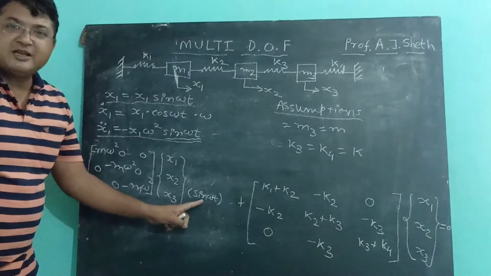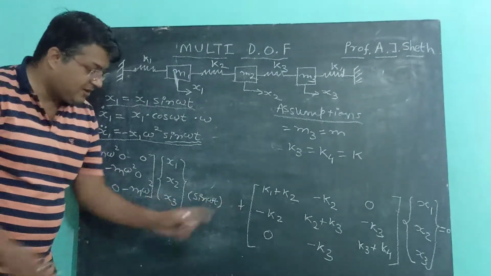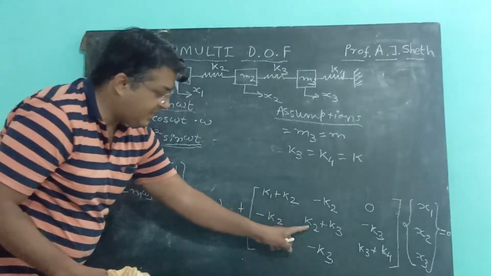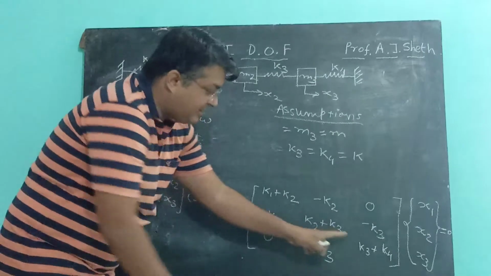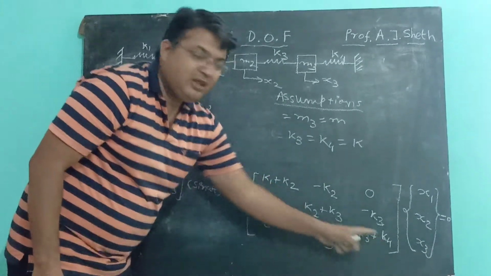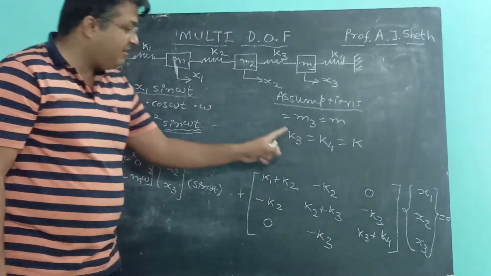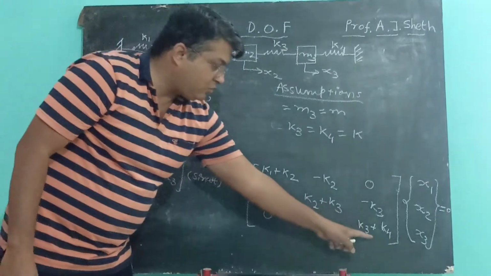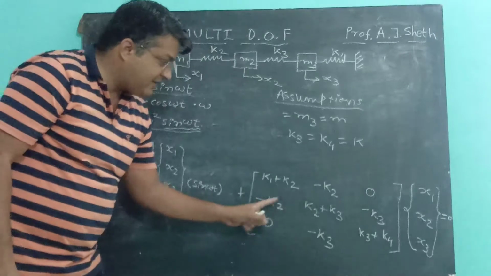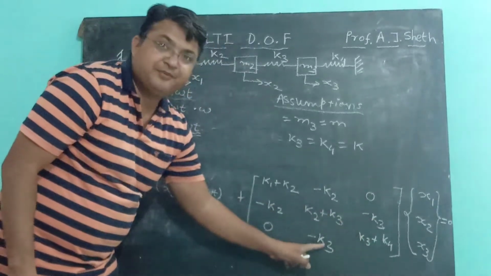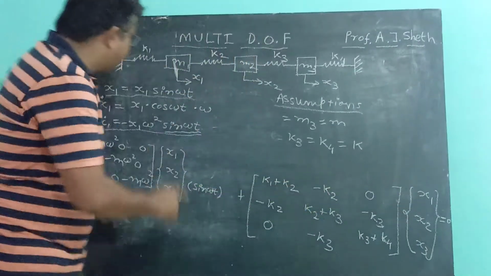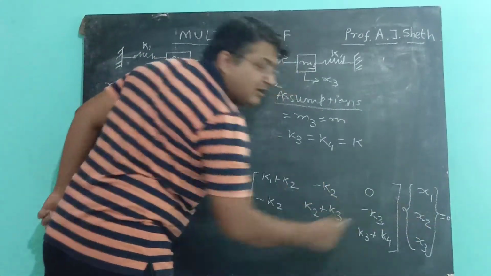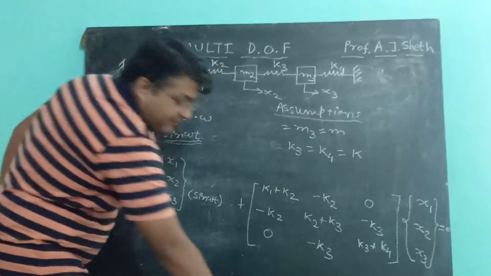So sine omega t is only outside, plus k plus k, 2k, k plus k, 2k, k plus k, 2k, because all k have a single value k: 2k, 2k, 2k, minus k, minus k, minus k, minus k, and x1 is x1 sin omega t. So only the outside part is the sin omega t function.